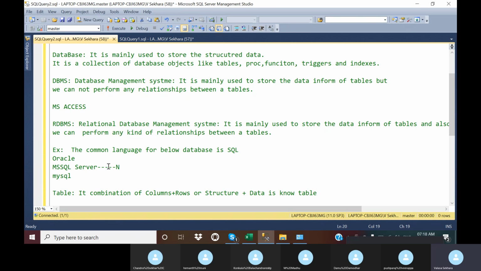MSSQL language, Microsoft's structured query language, will support only Microsoft SQL Server, but SQL is the common language. It will support Oracle, MS SQL Server, MySQL. Remember that point. We have discussed about SQL also yesterday, right? So this is the common language.